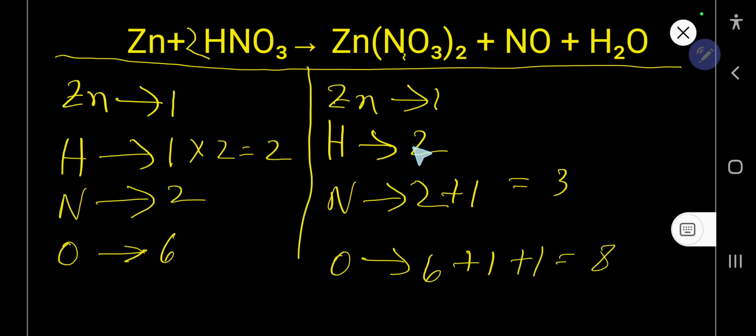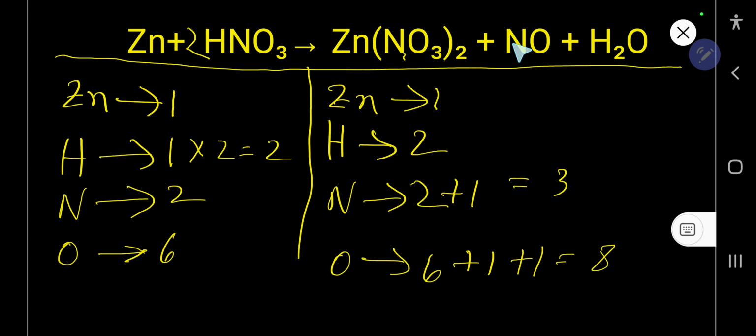Now hydrogen is balanced, but here nitrogen 2, here nitrogen 3. Look, this 2 is an even number, but this 3 is an odd number. When we usually apply this, we need to convert this odd number to an even number. 4 is the nearest even number, so easily you can change here.